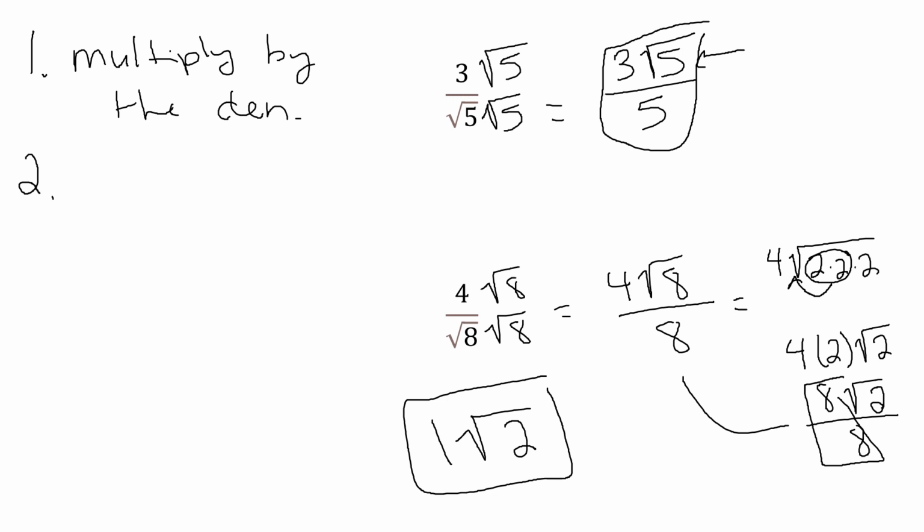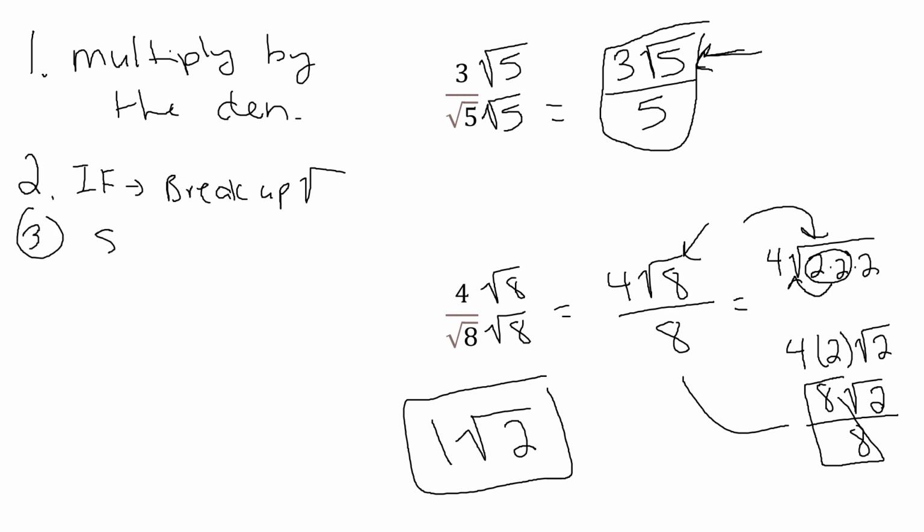And then, if needed, break up the radical. On this one, we didn't break it up because there was nothing to break up. On this one, we had to break the 8 up. And then simplify everything.